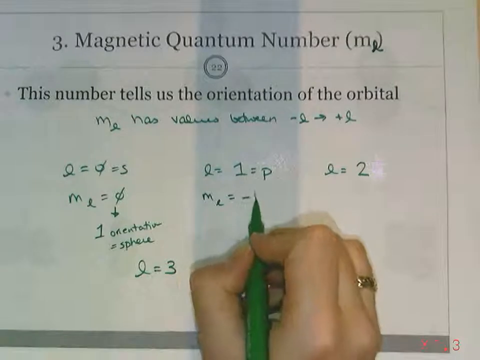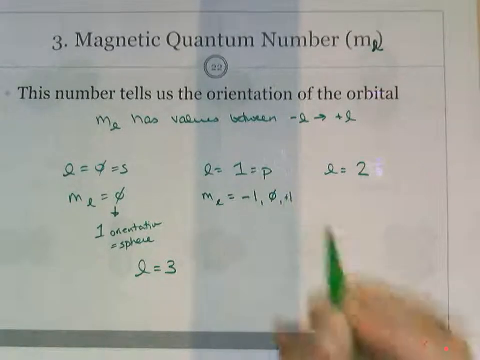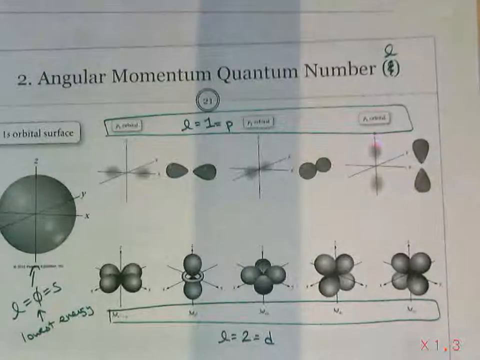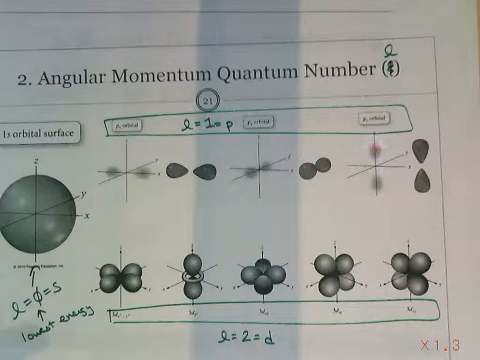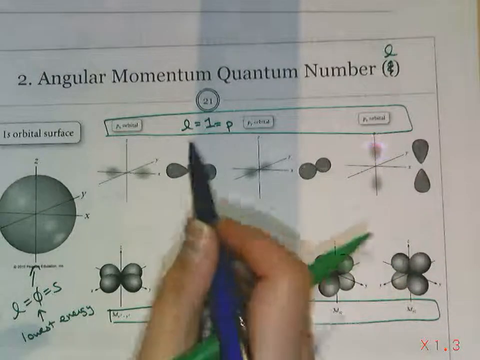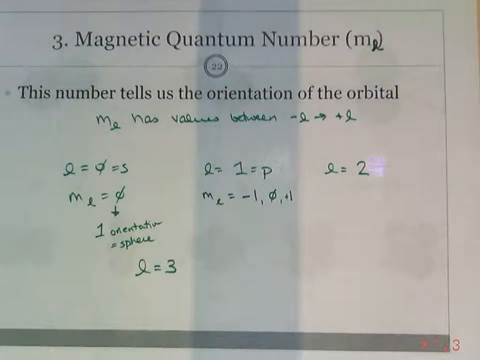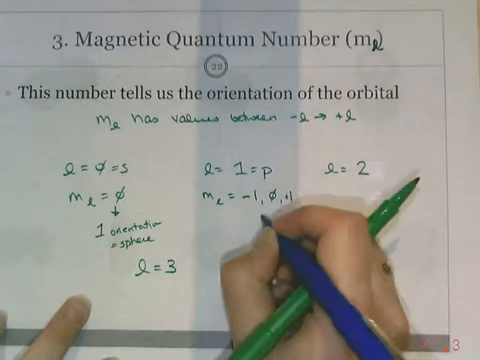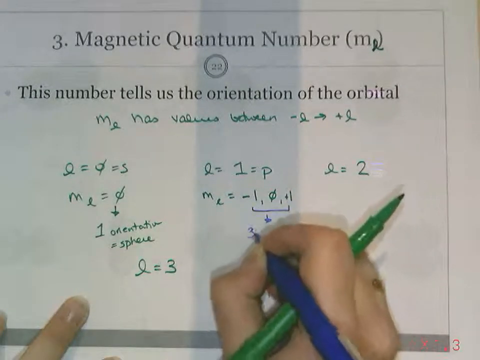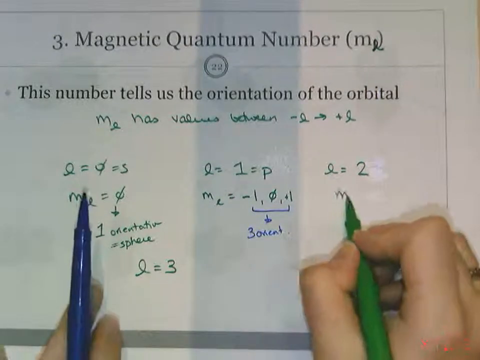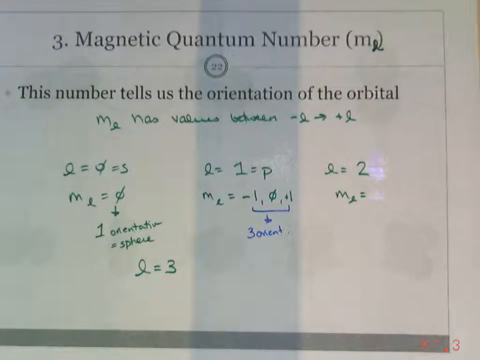How many is P? Three, because that's what we used to draw. So then those two should check.